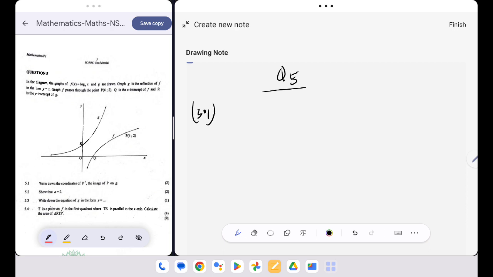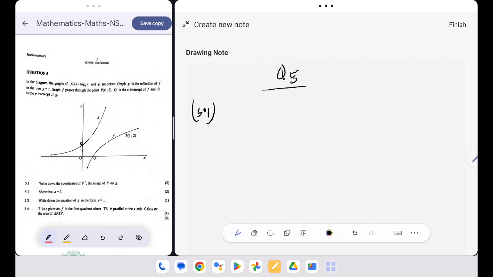5.1. Okay, in the diagram, the graph of f is equal to the log of x base a, and g are drawn. G is the reflection of f in the line y is equal to x. The graph of f passes through the point P. Q is the x-intercept of f and R is the y-intercept.